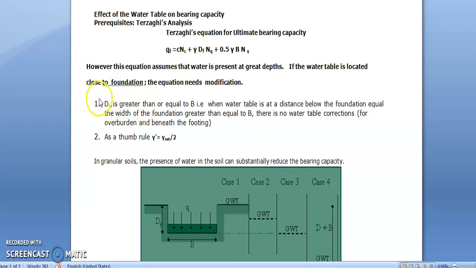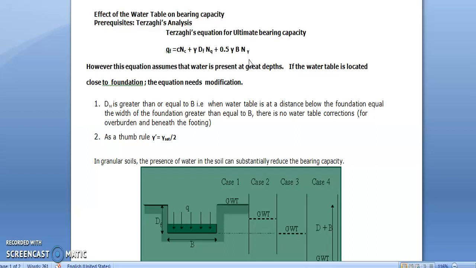So there are multiple types of site conditions. Specifically speaking, there are 4 cases. Based on the case, this equation will get slightly modified. The moment you know the problem statement, if it suggests that the site conditions are submerged, then you have to see that the gamma used will be submerged.